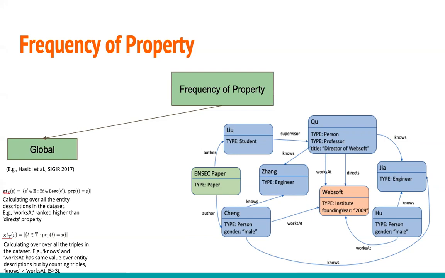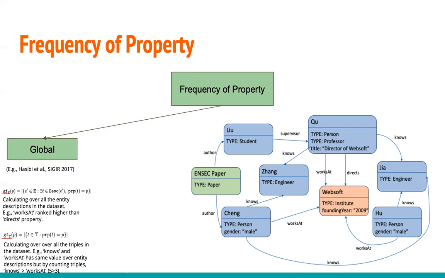Knows appears 5 times, and works at appears 3 times. So you count all the triples, not entity descriptions.